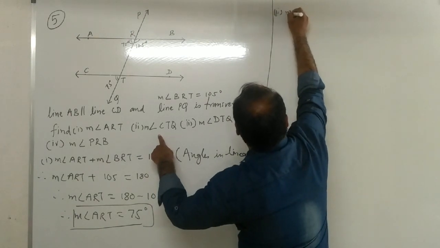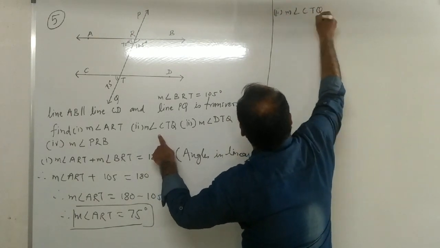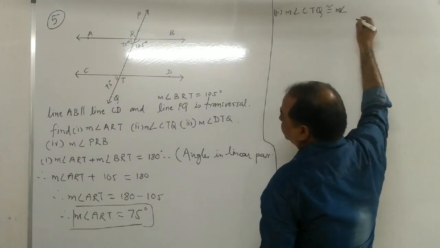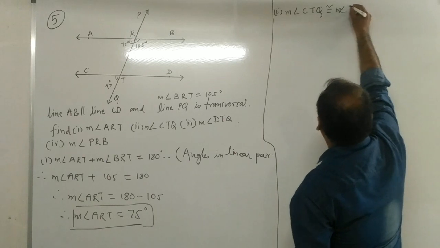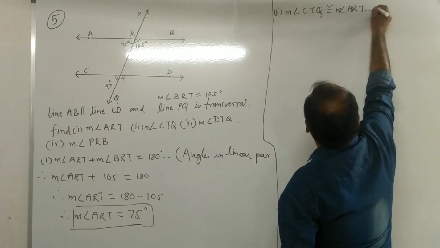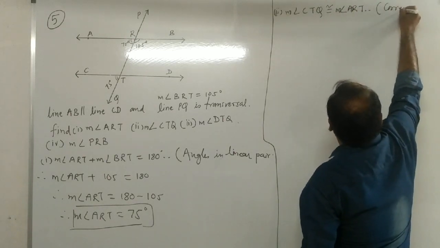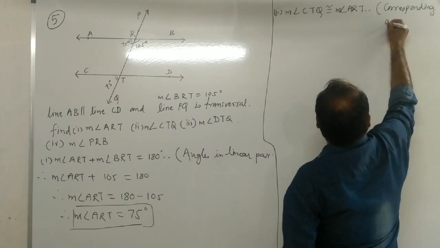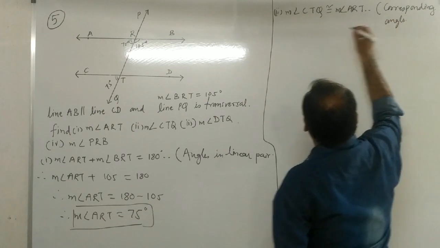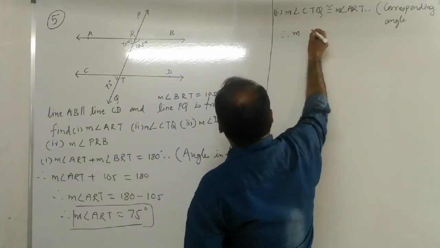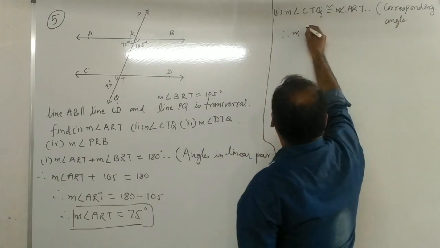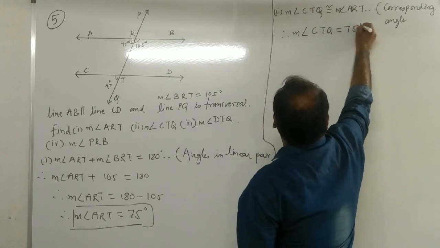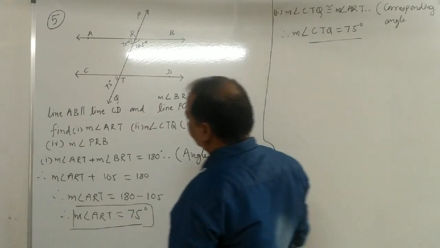Measure of angle CTQ is congruent to measure of angle ART. Therefore, measure of angle ART is 75, so measure of angle CTQ is also 75 degrees.